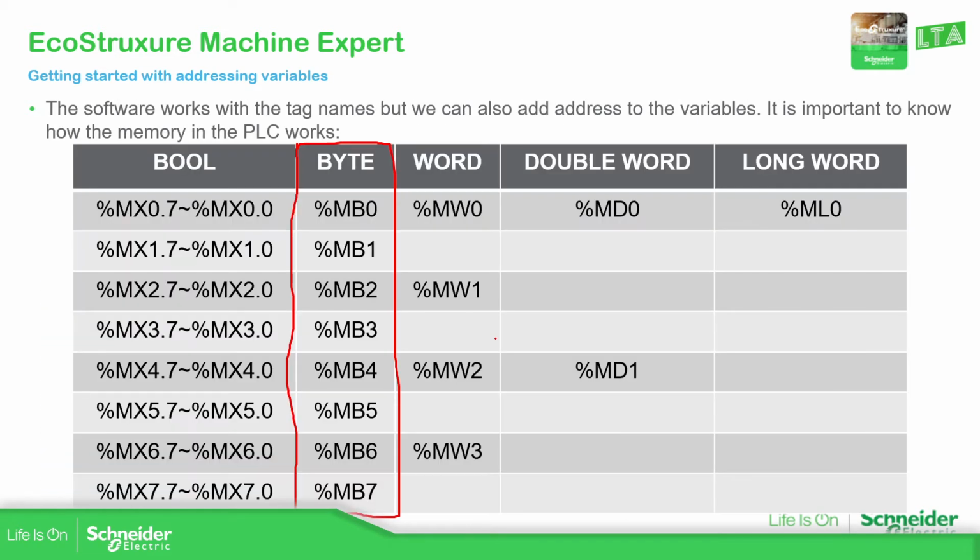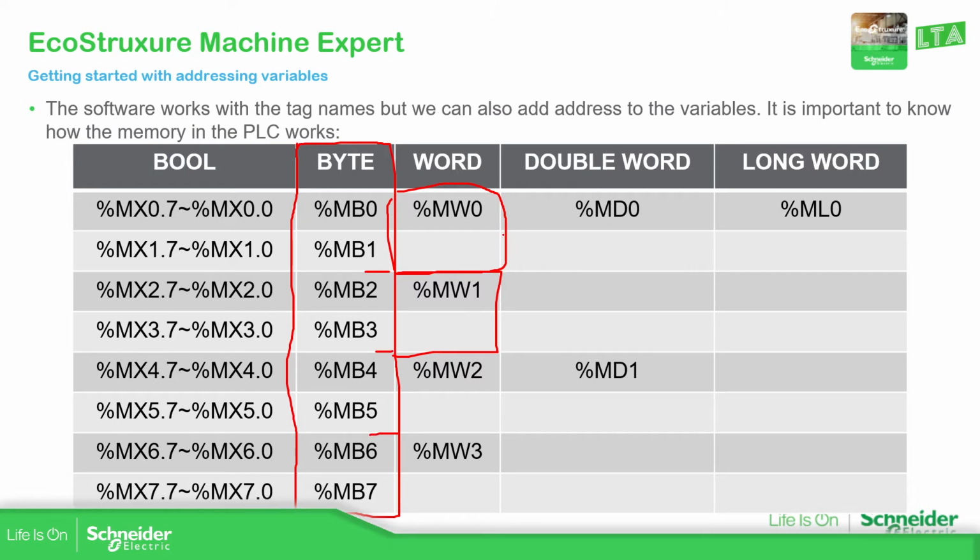So if we go back over here, you can see the first 2 bytes belong to the %MW0. So these 2 belong to this, and this one to these 2. So you can see how it's divided over here.